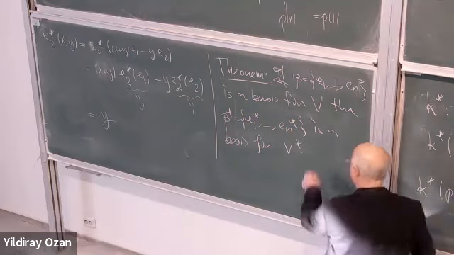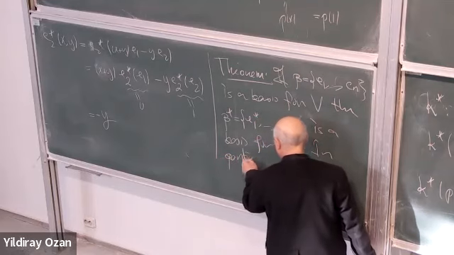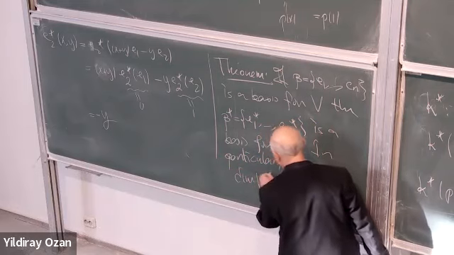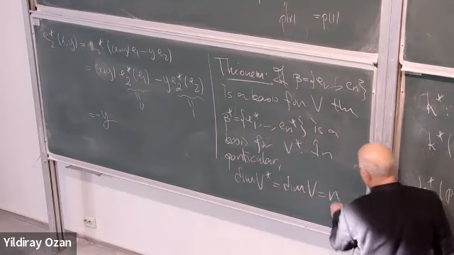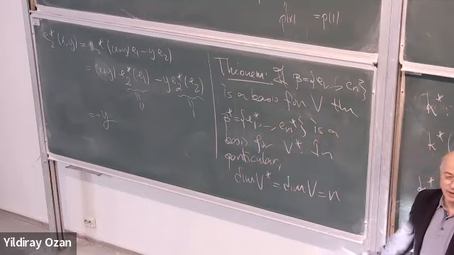In particular, the dimension of V star is the same as the dimension of V. This is the picture. But as I said, this is true only if V is finite dimensional.